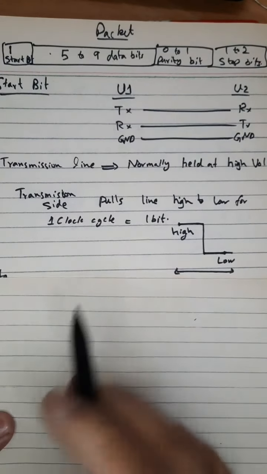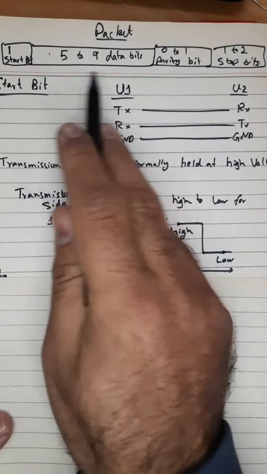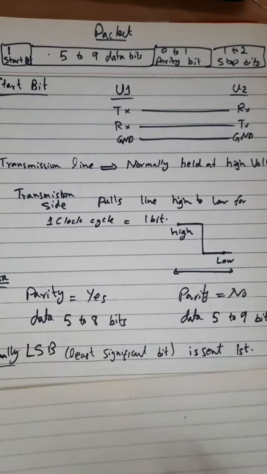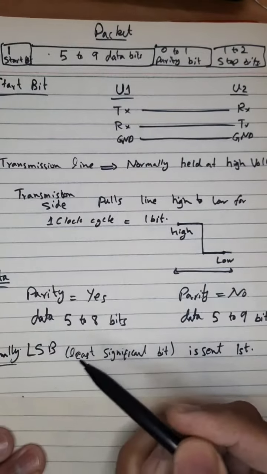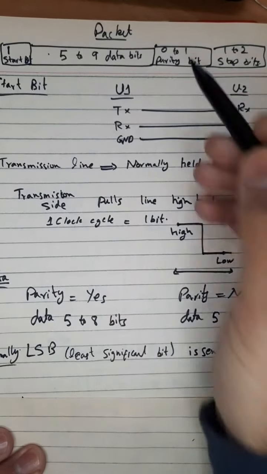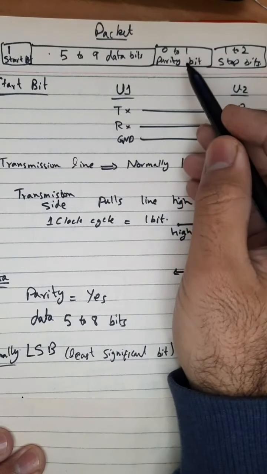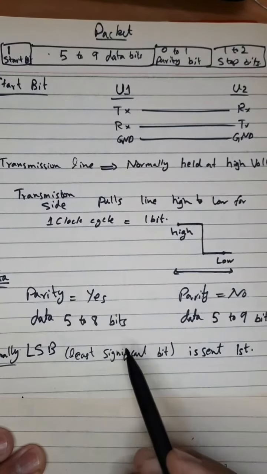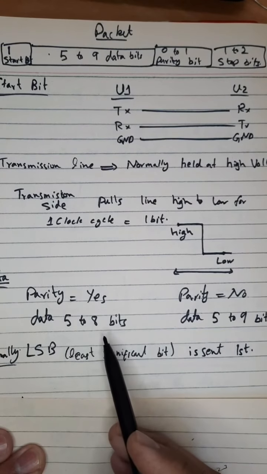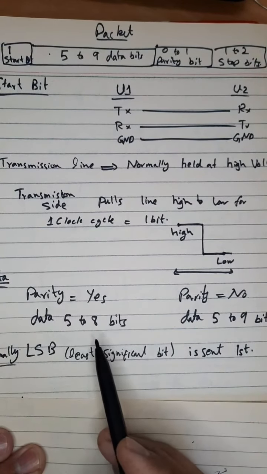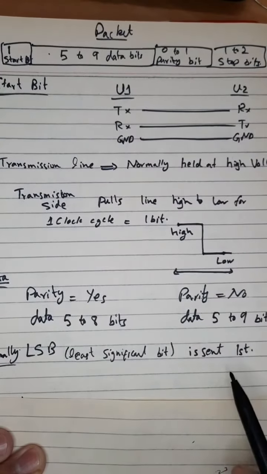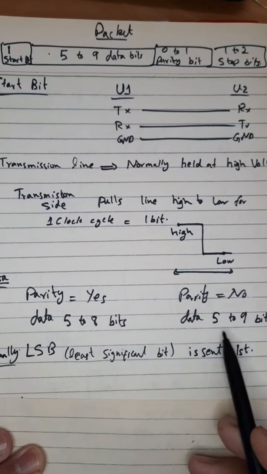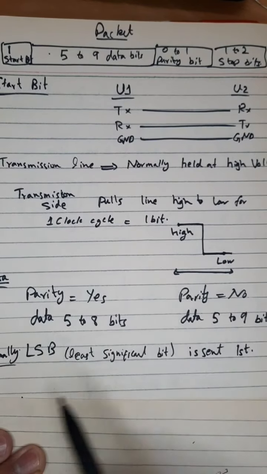After the start bit, there is the part of data bits. We will talk about data bits. If there is a parity bit present in the data packet, then the data bits will be 5 to 8 bits, depending upon our selection. And if there is no parity bit, then there can be up to 9 bits of data.